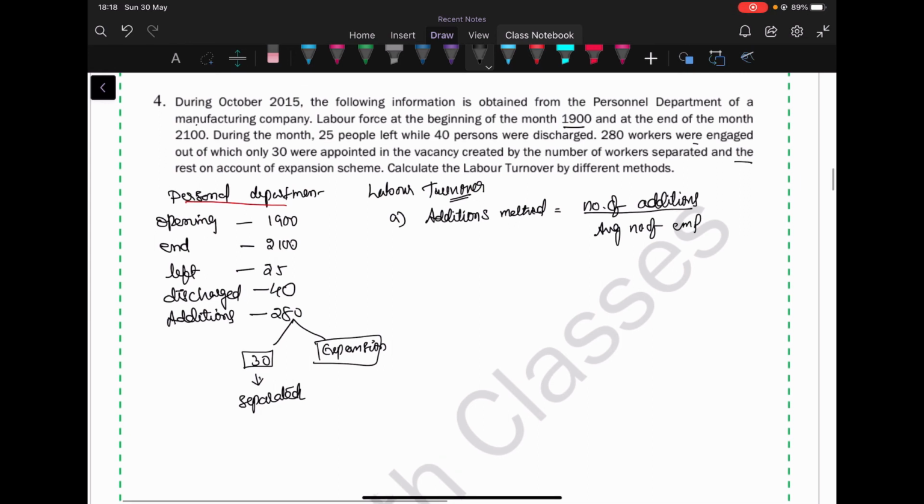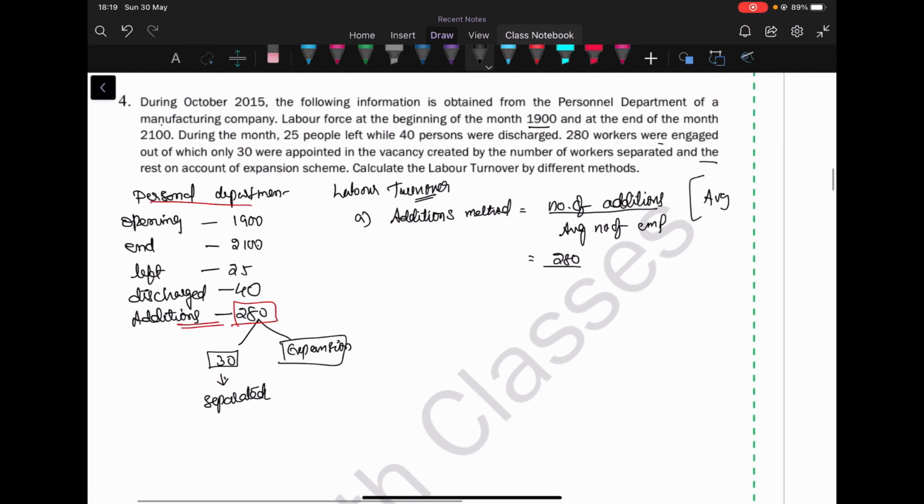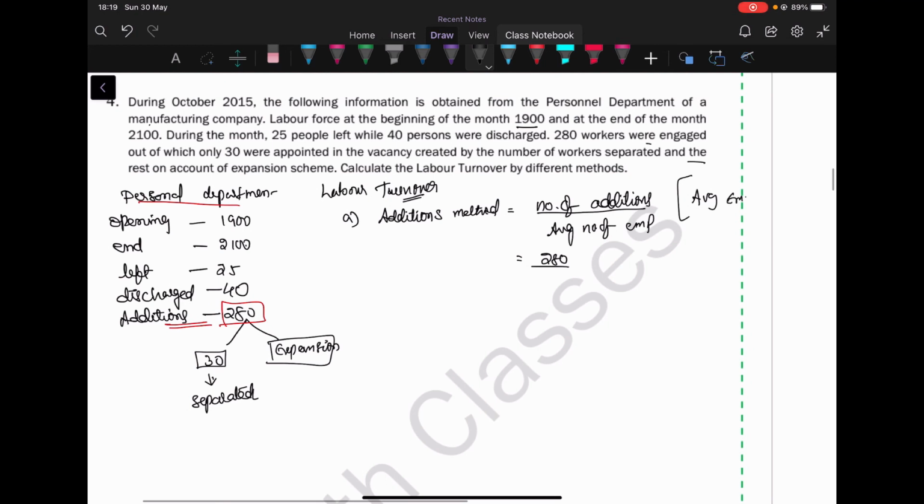If you see the question here, how many additions took place? 280 additions took place. So I will say 280 divided by average number of employees. I will write here in the working note, average employees, that is opening plus closing divided by 2, is 1900 plus 2100 divided by 2, is 2000 employees.